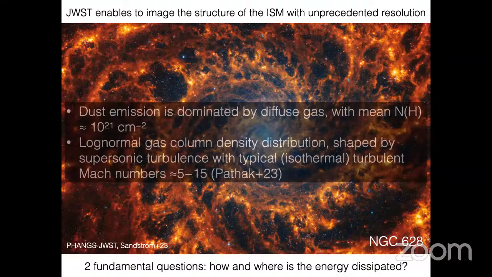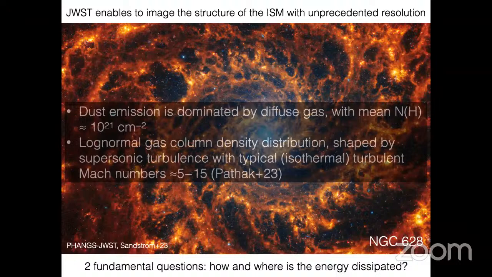There are a couple of very nice papers from the FANGS survey. So this is a James Webb survey of nearby galaxies, where people start to do probability distribution functions of the diffuse and clumpy gas in those galaxies.